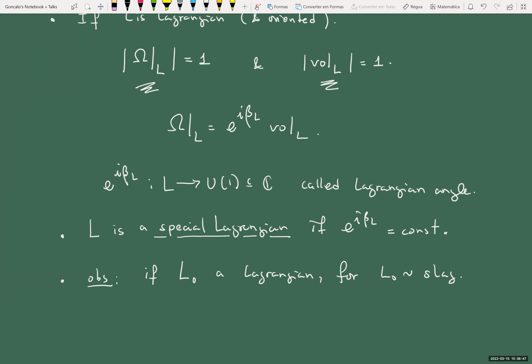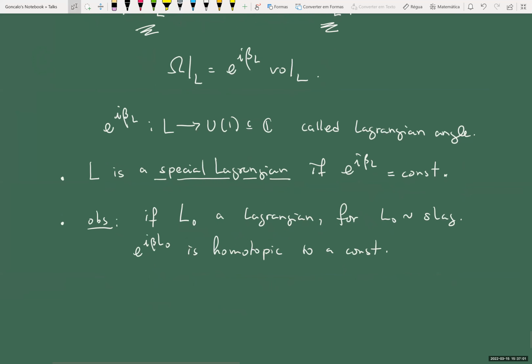And if you are able to do that, that means that e to the i beta L naught is homotopic to a constant function. And so in that case, there exists a lift, beta L naught, from L naught to R. And this is called a grading.